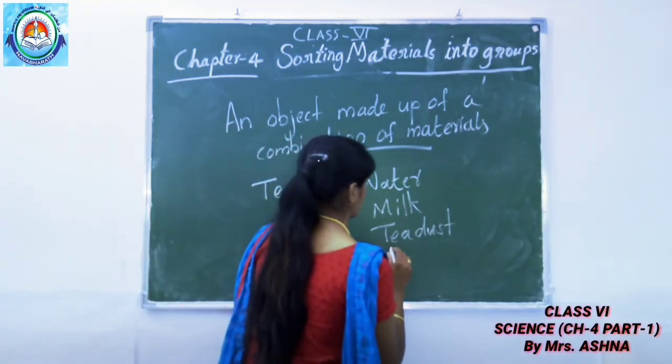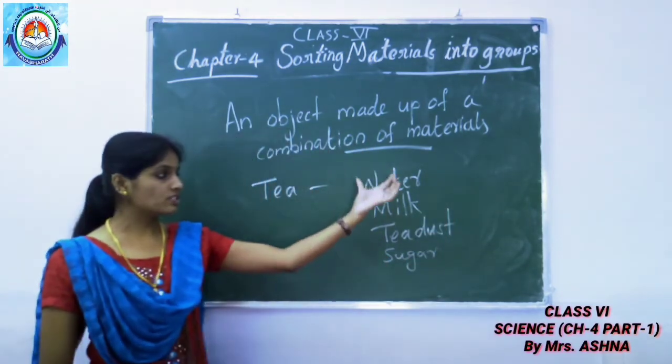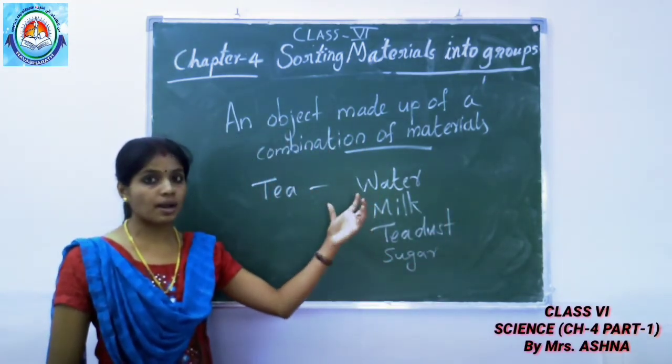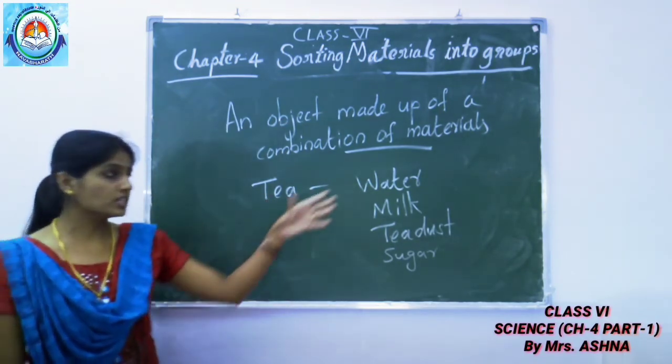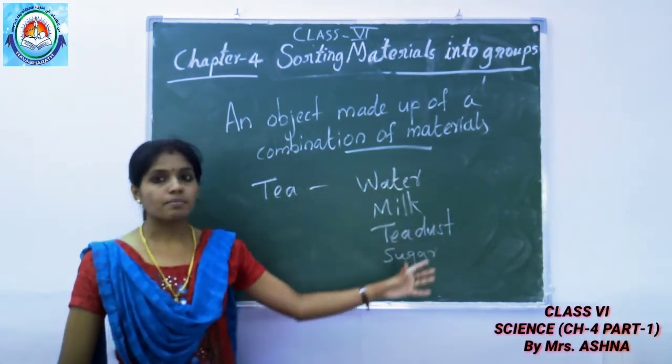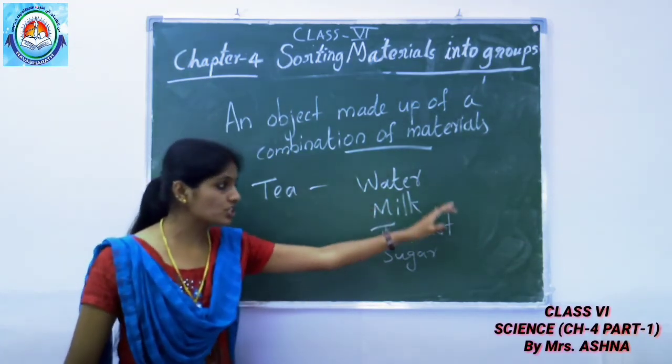So these 4 materials are used combined to make tea, or these 4 materials are present in tea. Understood? Tea is the combination of these 4 materials. Did you get the idea?